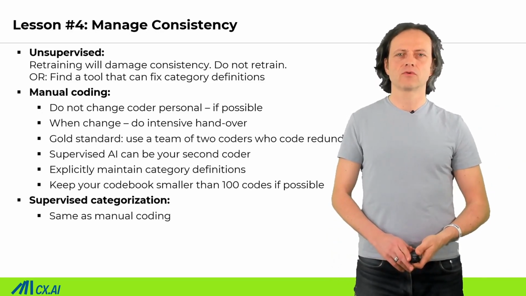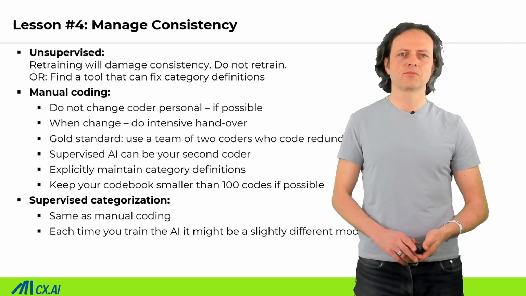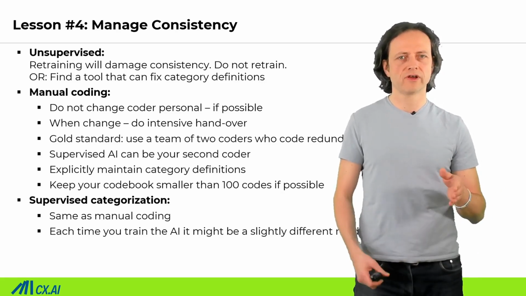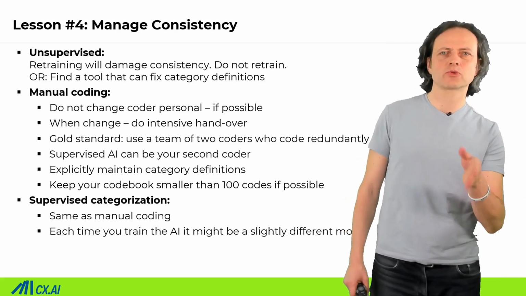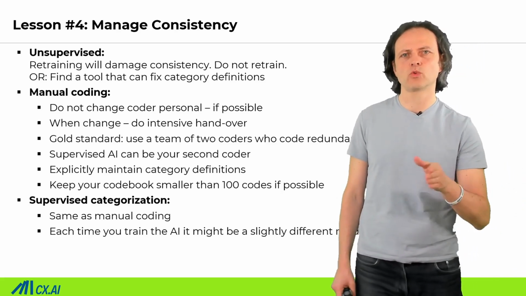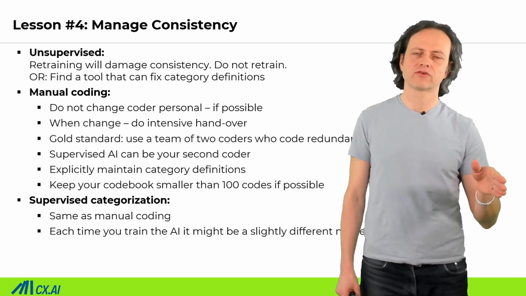Right. So same as manual coding, each time you train the AI, it might be a slightly different model. If you have a new wave, you retrain it, and it will be different.